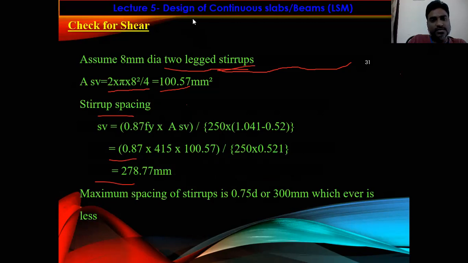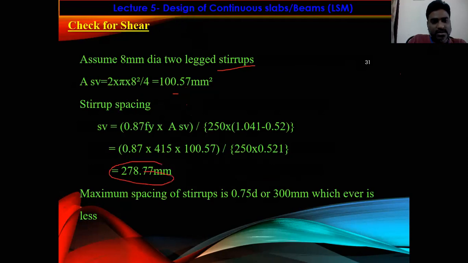Again, you can assume the spacing. So for this, I got it as 278.77 mm, and here also I am providing vertical stirrups.